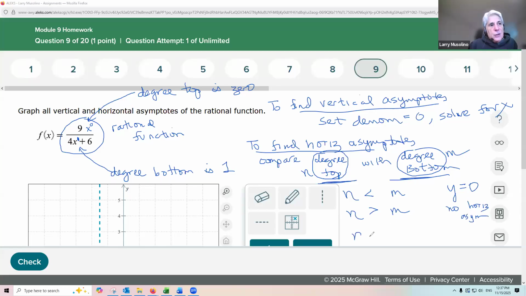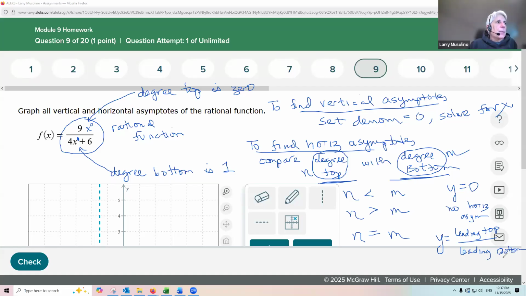Now, where it gets tricky is what if the degree of n is equal to the degree of m? Then the horizontal asymptote is going to be the leading coefficient on the top divided by the leading coefficient on the bottom. Let me do an example of that in just a second.